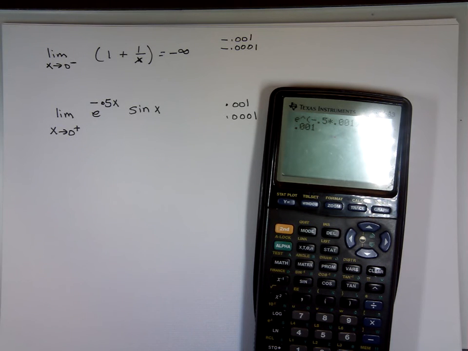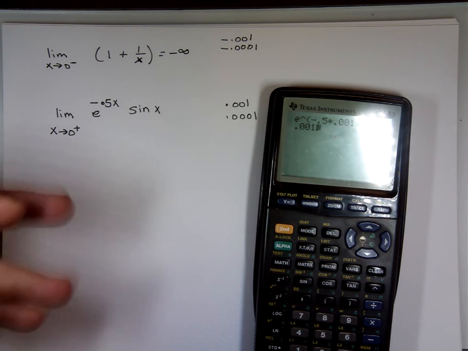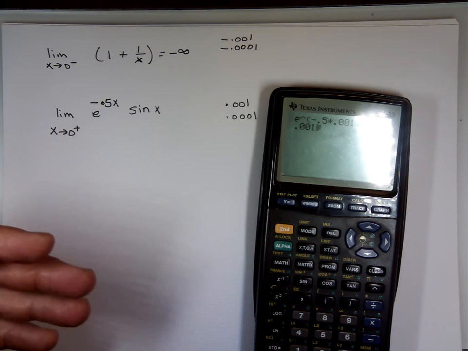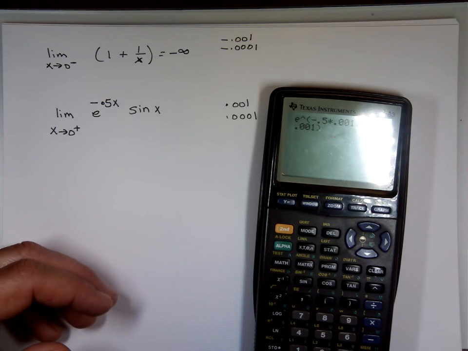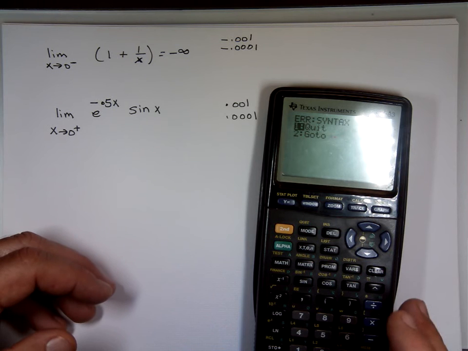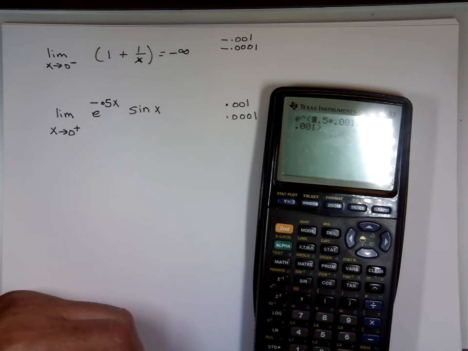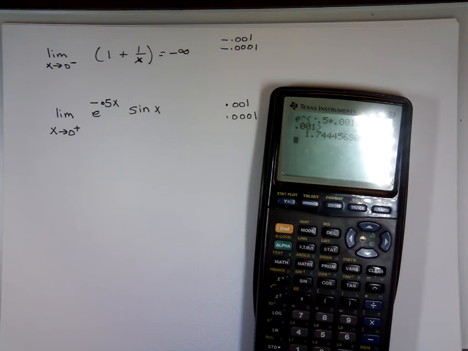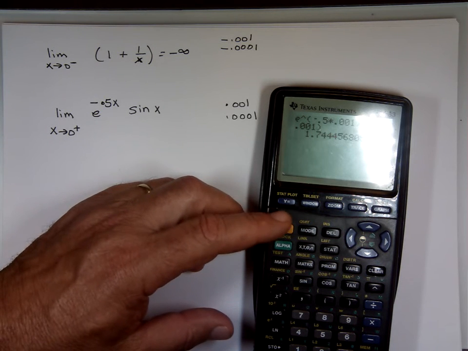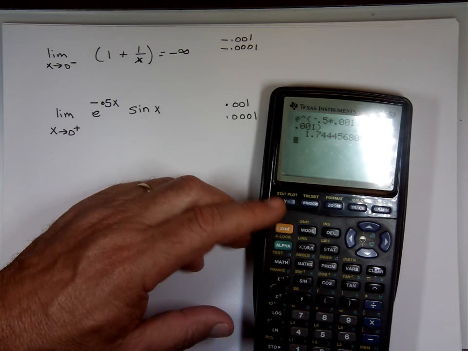Where's mode? Let's see what the problem is here. E to the, oh, that's the wrong minus. Minus 0.5 times 0.001 times sine. Notice what the number is. Can you see it? Even with degree. It's going to get worse when I switch it to radian. Where's radian? Mode.